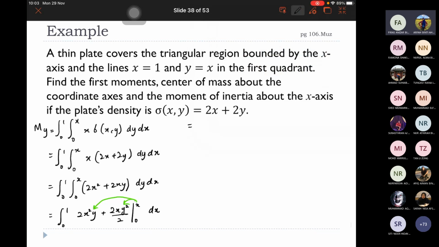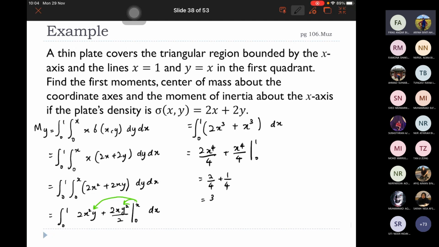So akan dapat sama dengan integration 0 sampai 1, 2X kuasa 3 tambah X kuasa 3 dx, sama dengan 2X kuasa 4 tambah dengan X kuasa 4 per 4, 0 sampai 1. So dapatlah 2/4 tambah 1/4.